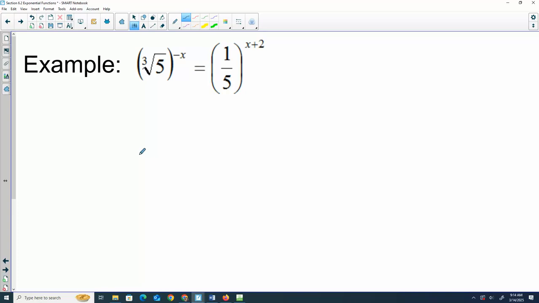Let's take a look at this one. We have to get the same base on each side. What would that be?